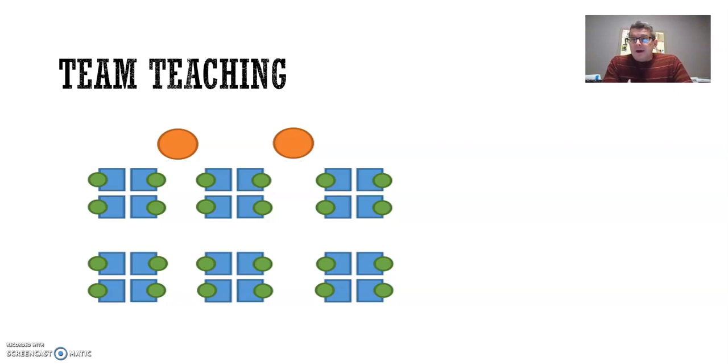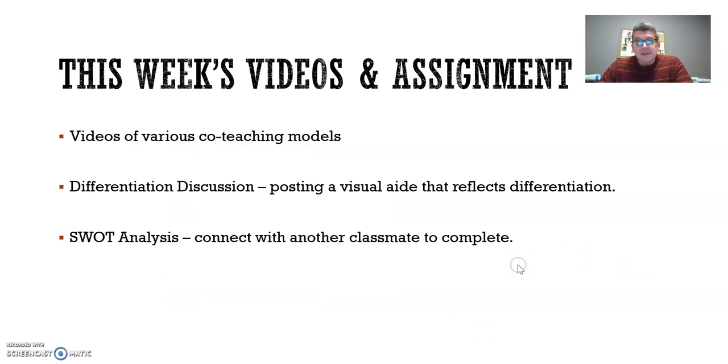But once you get that, this one I would say is a little bit harder to do from the very beginning, just because you do have to have that relationship. You have to be able to read each other pretty well, and so it may not come naturally at first. But team teaching is a great way to get into co-teaching.